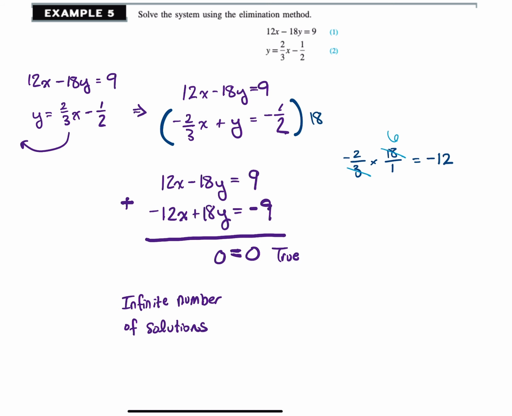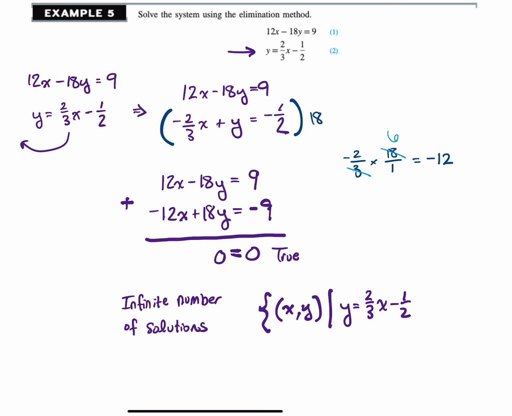They're actually the same line. If we had multiplied this by positive 18, we would get the same equation as the first one. So in order to describe all possible solutions, we used the set builder notation. So the set of all points x comma y such that, and then we can stick one of these equations such that y equals 2/3 x minus 1/2.